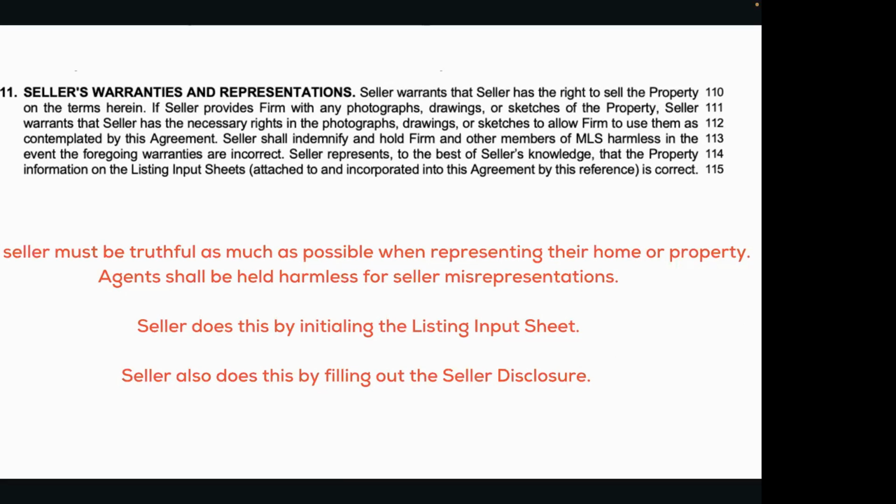The seller must be truthful as much as possible when representing their home or property. Agents are going to be held harmless for misrepresentations by that seller unless we specifically know of material facts that are opposite of what they say. The seller does this by putting through the input sheet. So the seller is representing on the input sheet as well as the Form 17 the things they know about the home.